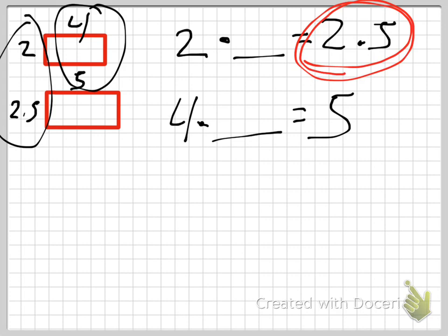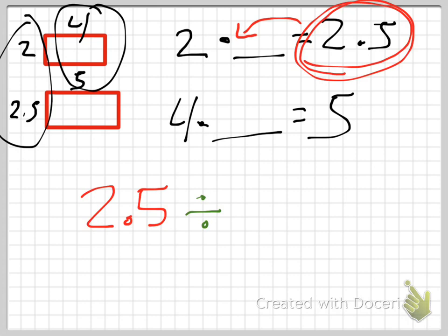So in this case I'm going to start with 2.5 because I'm working backwards. It is right now multiplication, but it's going to turn into division because I'm going in the opposite direction, so I have to do the opposite operation.